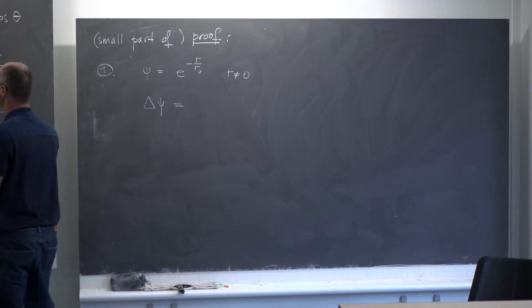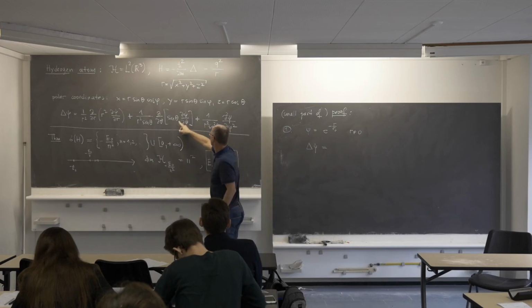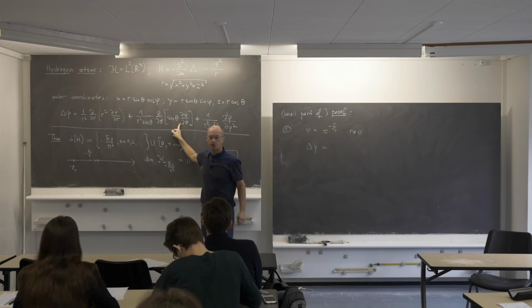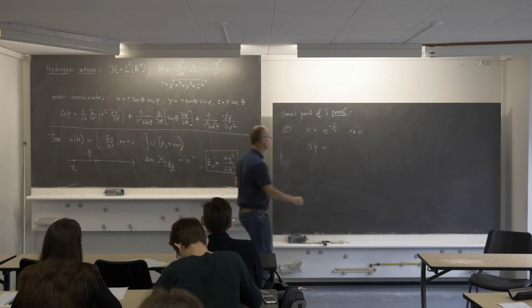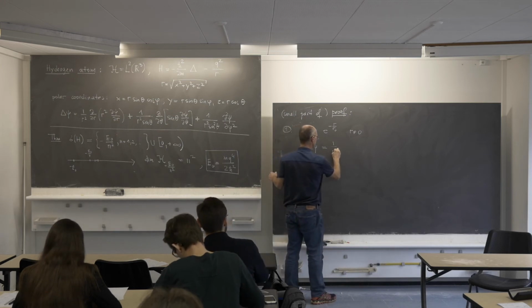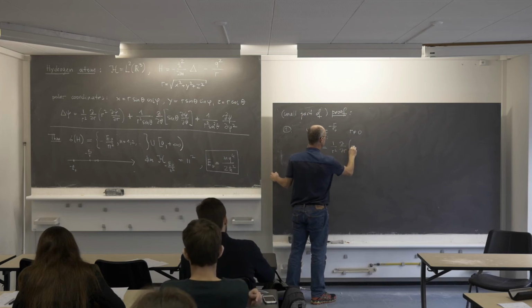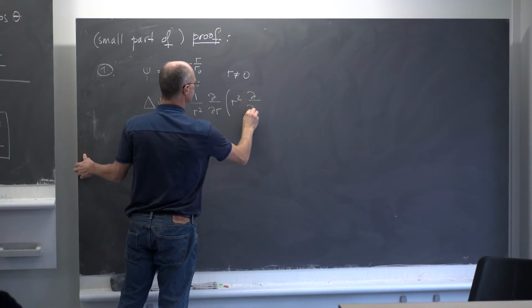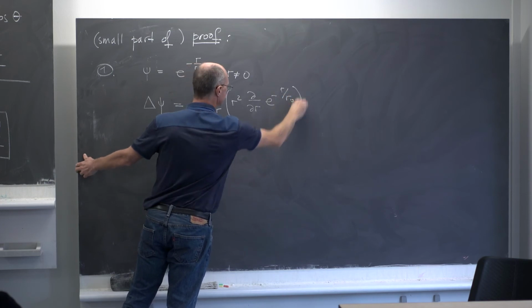For that I prepared for you the expression in polar coordinates. Now there is no dependence on all those angles, theta and phi, so we should just apply that part, right? So we have 1 over r squared d over dr, and here r squared d over dr, exponential minus r over r0.